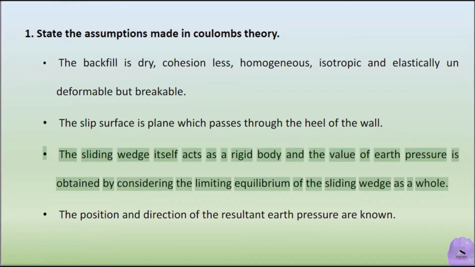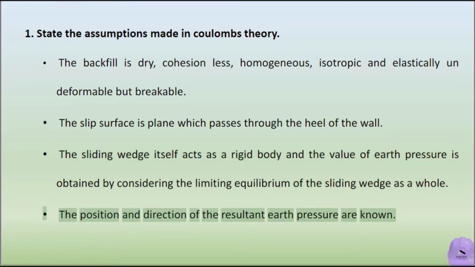The sliding wedge itself acts as a rigid body and the value of earth pressure is obtained by considering the limiting equilibrium of the sliding wedge as a whole. The position and direction of the resultant earth pressure are known.